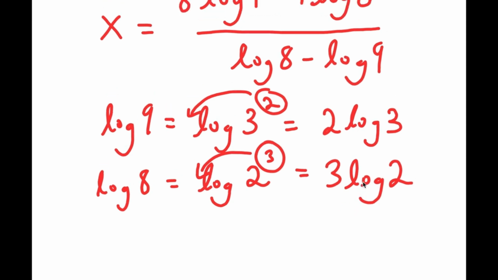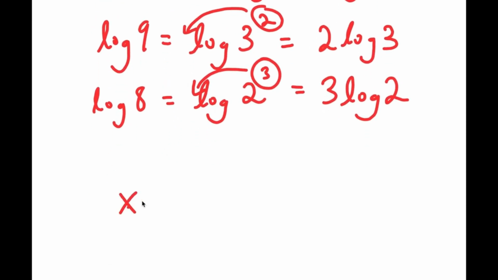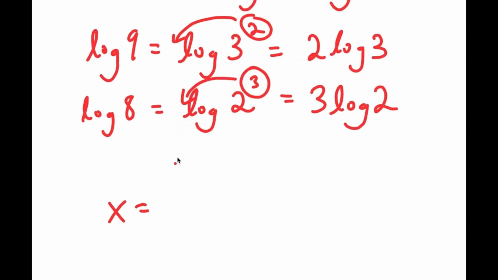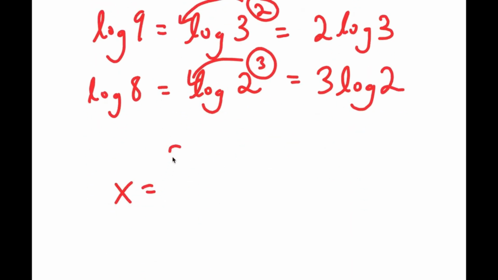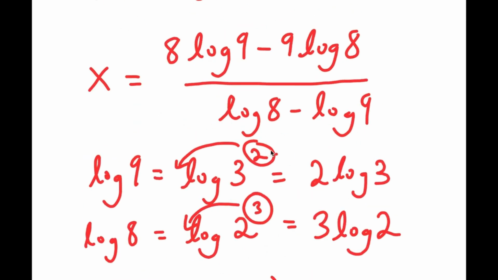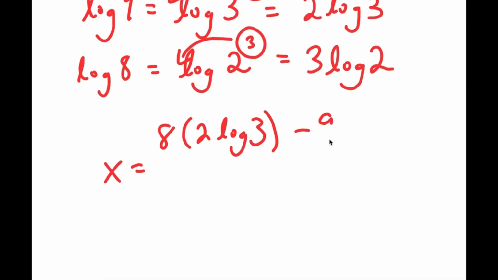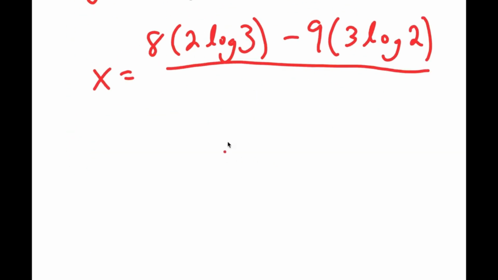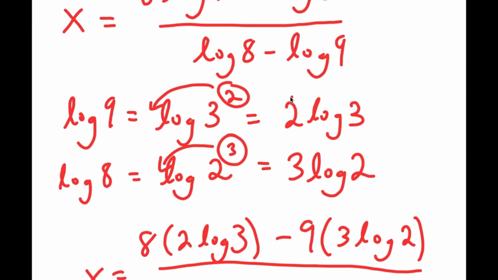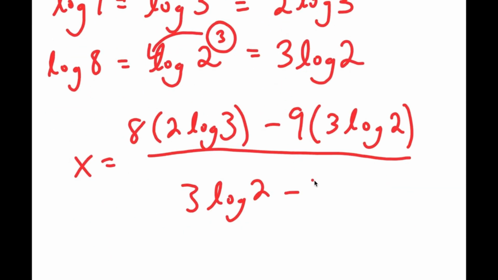So now from here, I get x is equal to 8 times 2 log 3 minus 9 times 3 log 2. And I have this all over 3 log 2 minus 2 log 3.